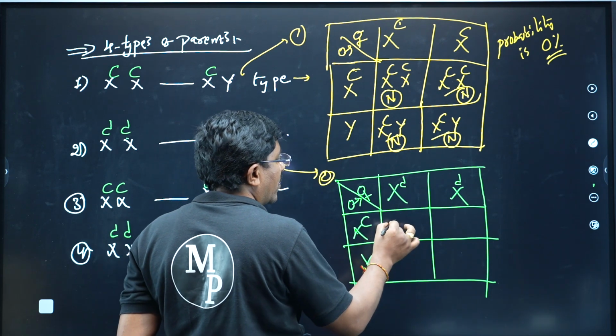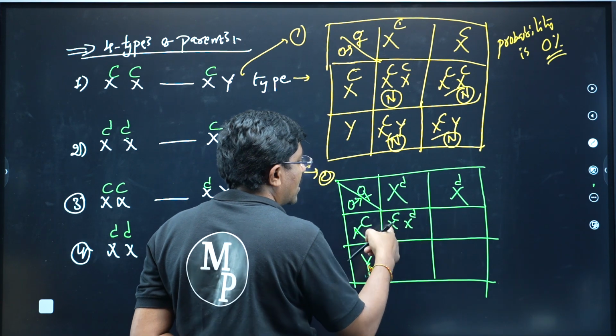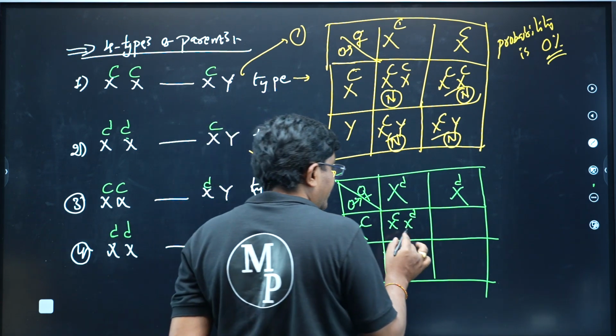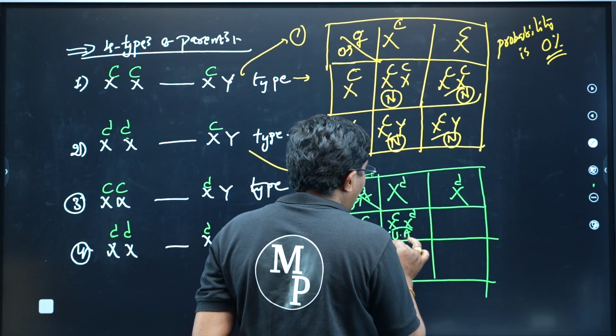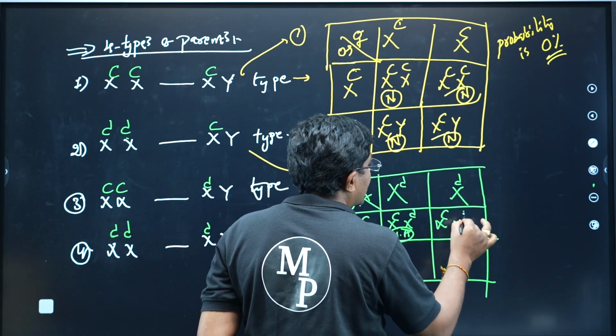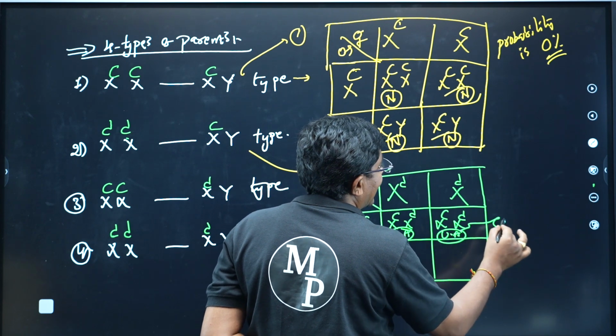This sperm, this ovum: X^C and X^c. So X^C X^c, what is it? Carrier, unaffected but carrier. Next X^C as well as X^c, again unaffected but carrier.